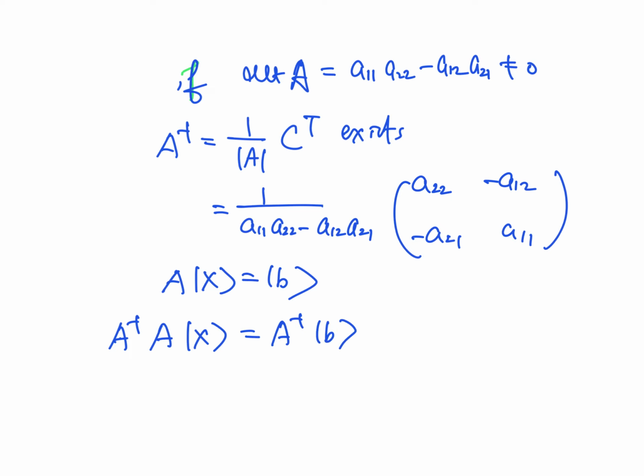But last week, I told you that matrix multiplication is associative. So it doesn't actually matter which order you multiply the matrices, right? So actually you can multiply this first.